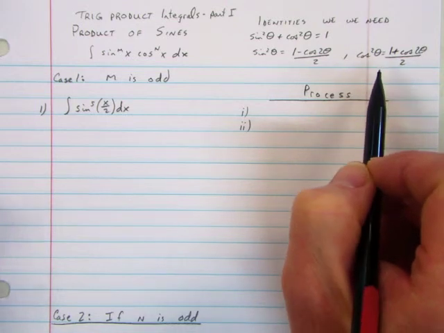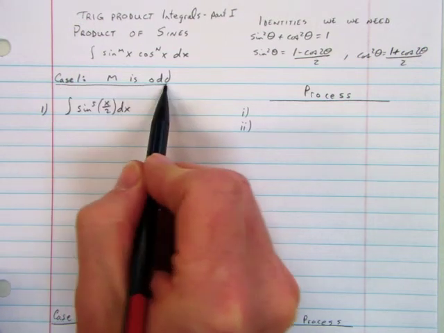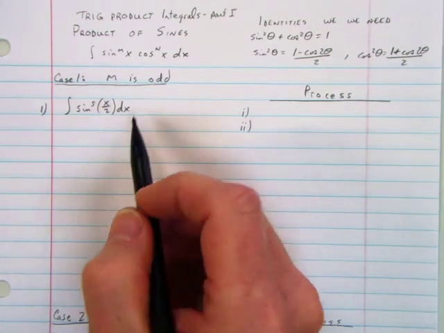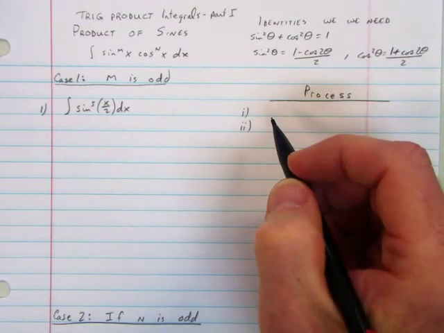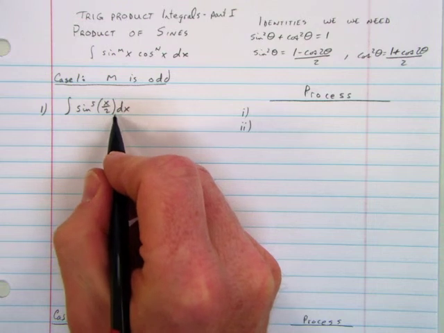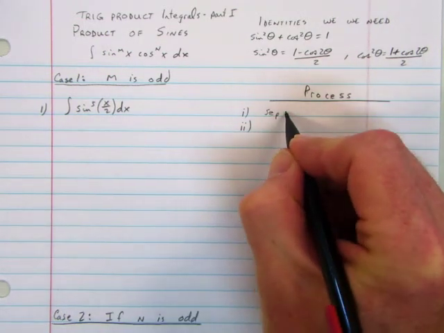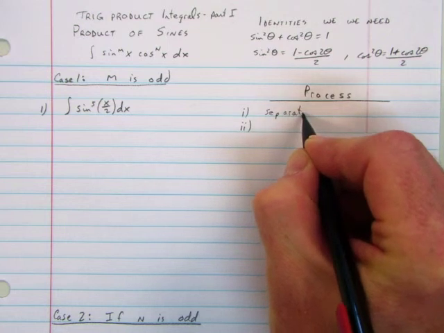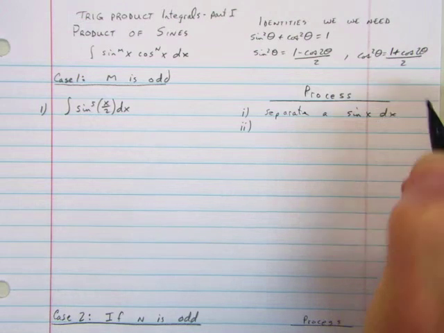We've used those before. So our first case that we're going to look at is m is odd. While I'm doing this, I'll give you an example and describe the process as we go. We have sine to the 5th of x over 2 dx. The first thing we're going to do is separate a sine x dx.